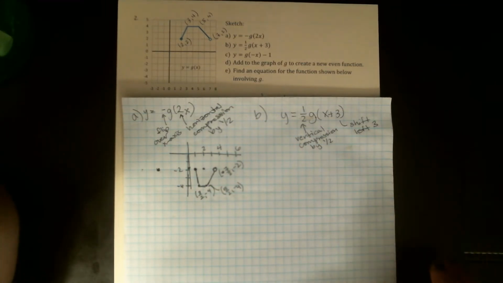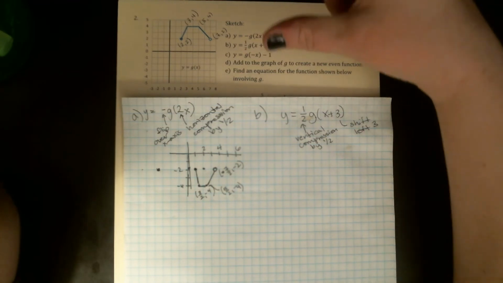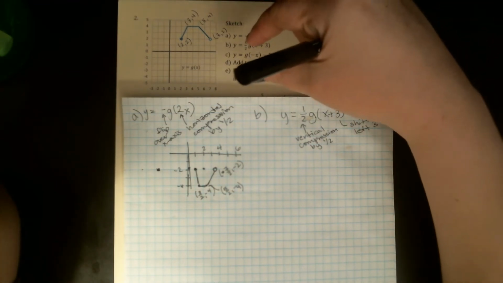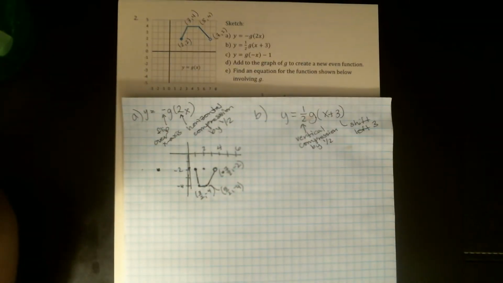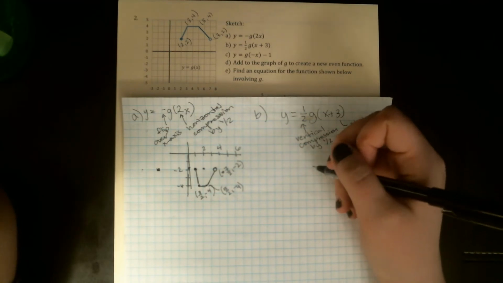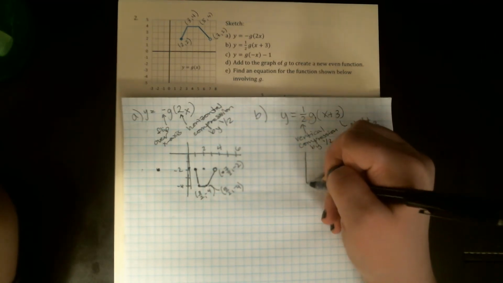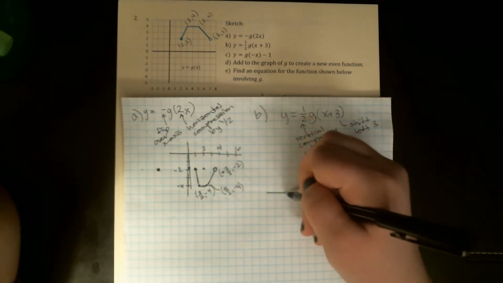Okay, so again, if I start with this original function and I do vertical compression, it's going to be shorter and closer to the x-axis. And then I shift it to the left, it's going to push over into quadrant 2 just a little bit. Okay, so I'm going to give myself room in quadrants 1 and 2.